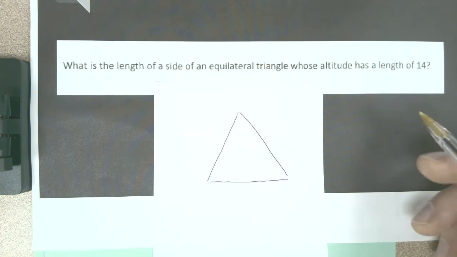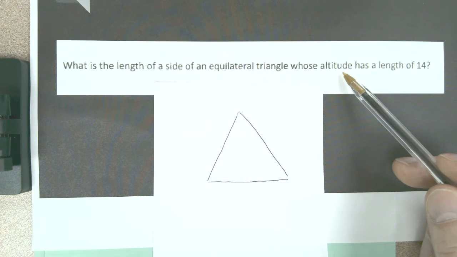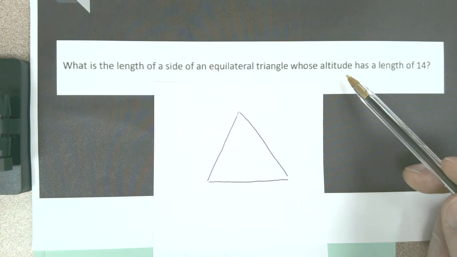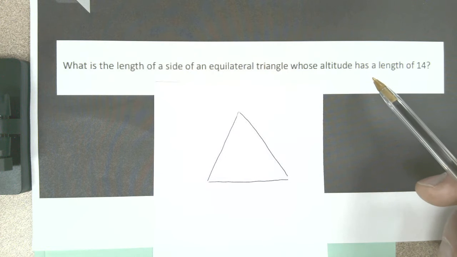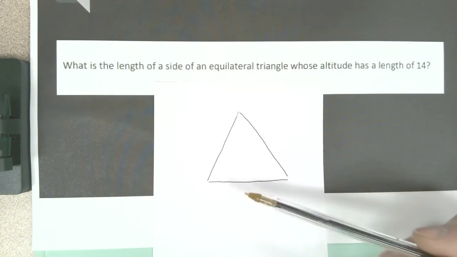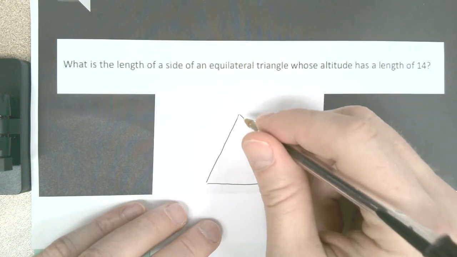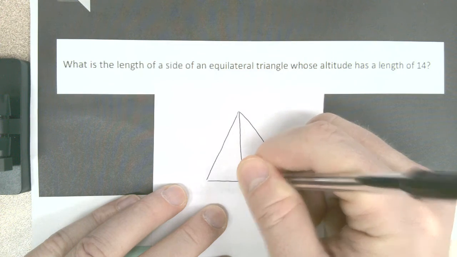Maybe a new word for some of you, the word altitude. If you think about the altitude of a plane, basically we're talking about how high up is the plane? How tall is the triangle? What's the height? Another word for altitude. So I'm going to draw in my altitude.